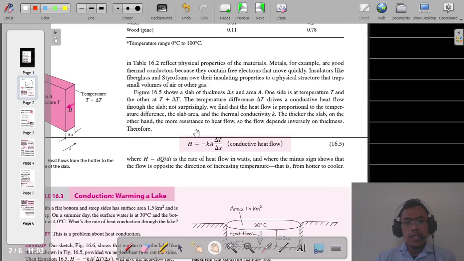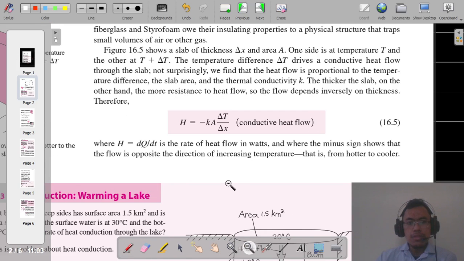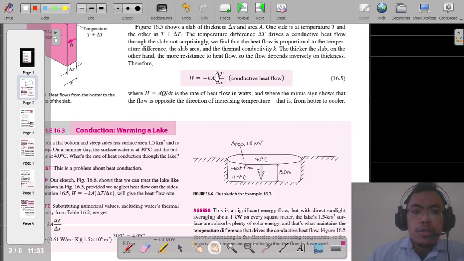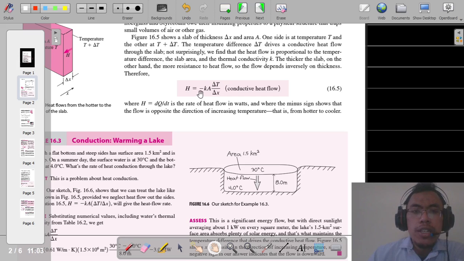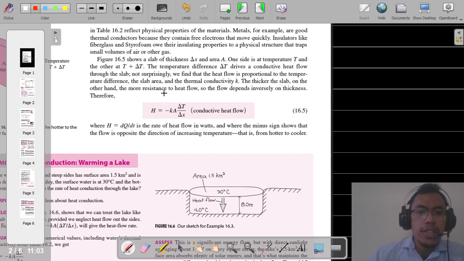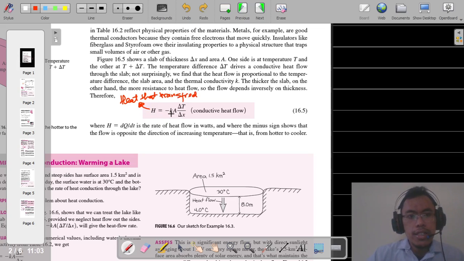So this is the formula to calculate the amount of heat that is transferred from one place to another. H is the heat that is transferred. K is the thermal conductivity.